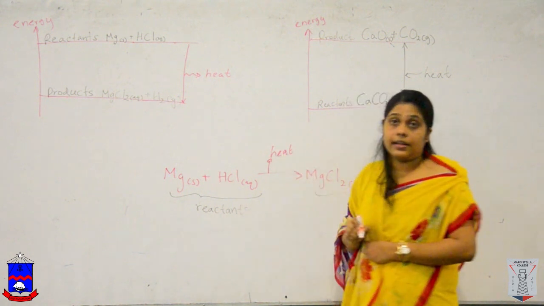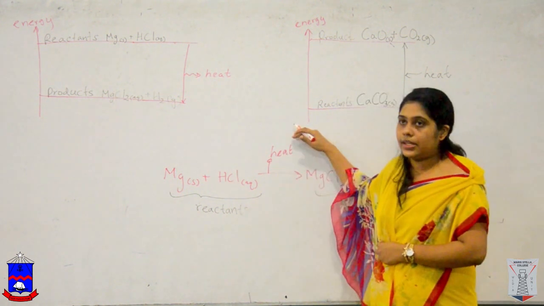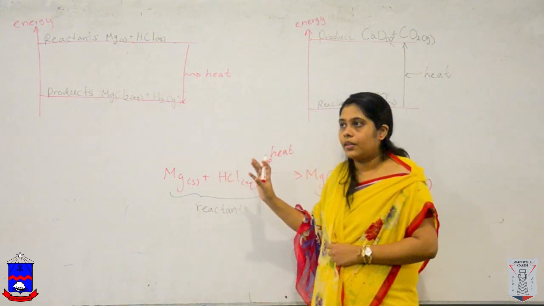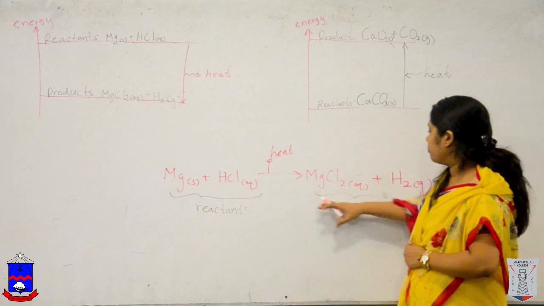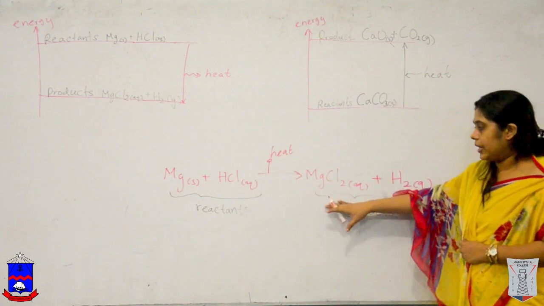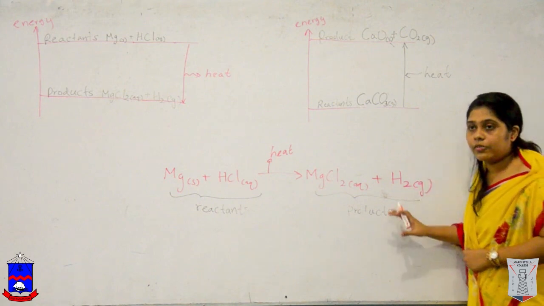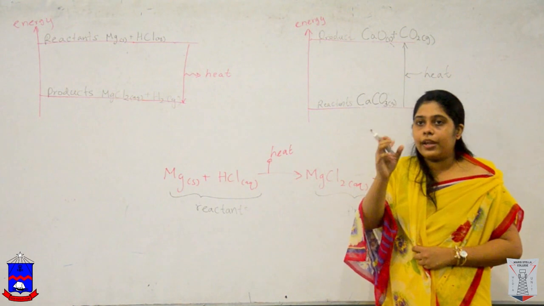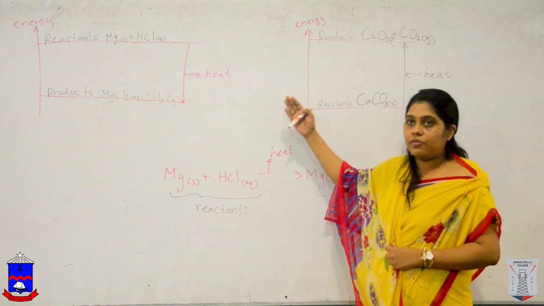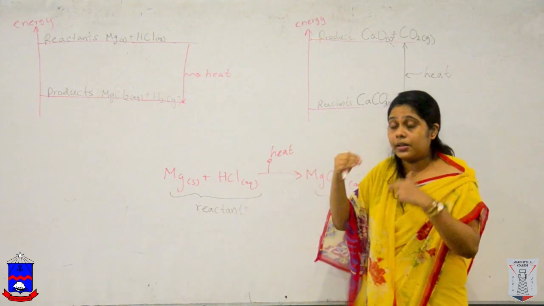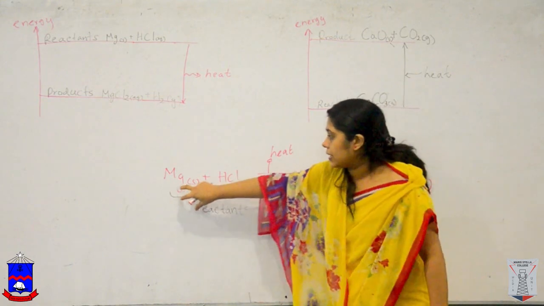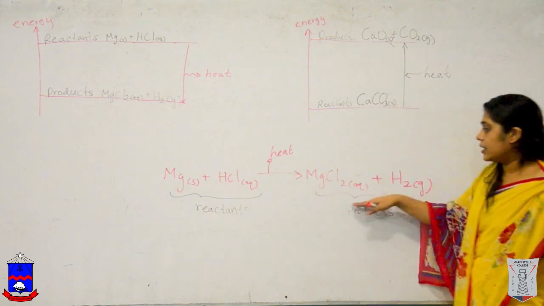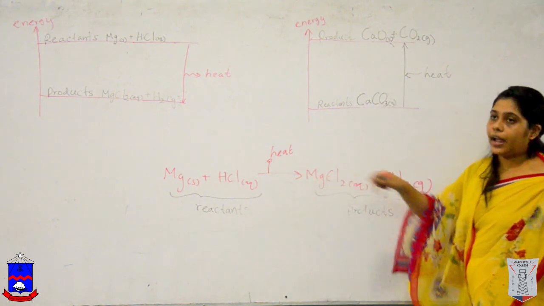Heat is energy, so that energy is released during this reaction. The energy of the products is lower than that of the reactants. Why? Some amount of energy which was inside the reactants has been released to the environment.